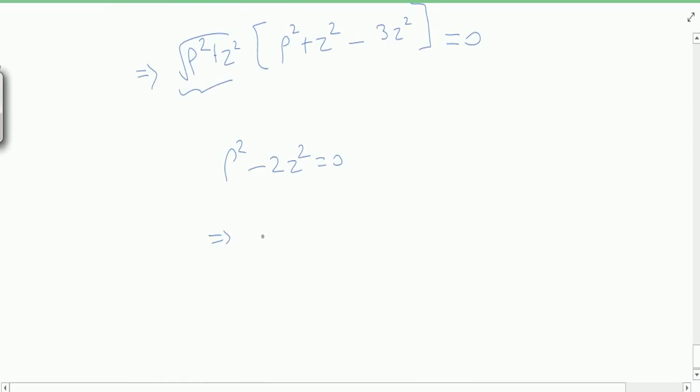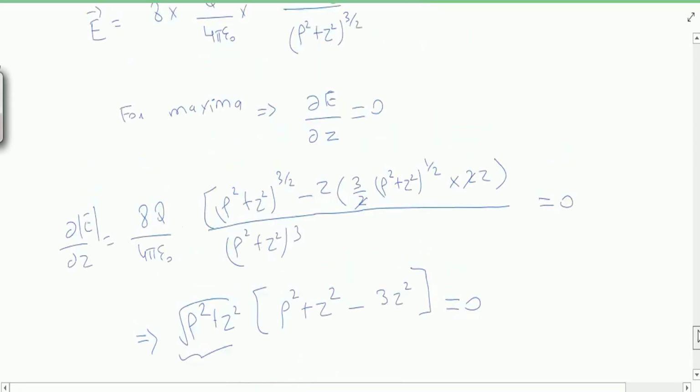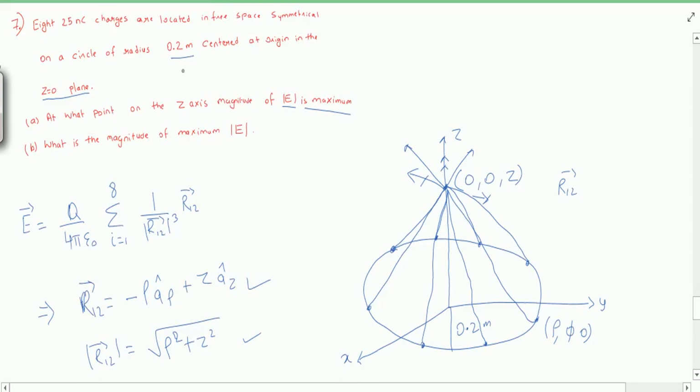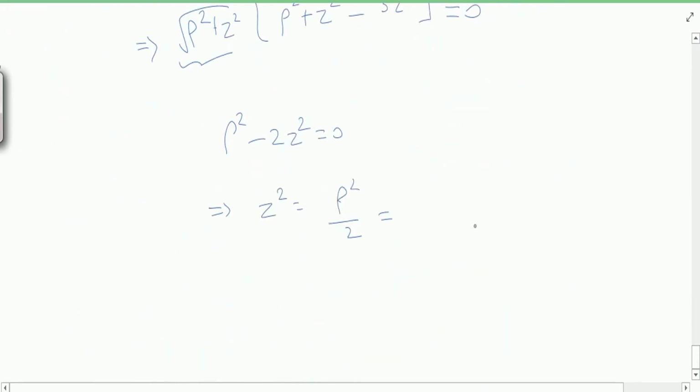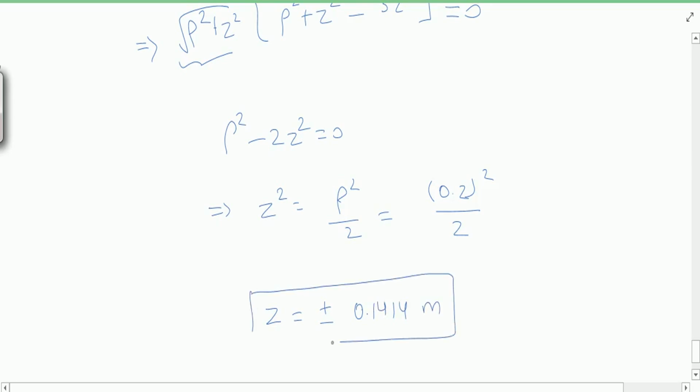So the value of z square is rho square by 2, and the value of rho was given in the question as 0.2. So I can place this value there. So it is 0.2 square divided by 2, and after solving this I will get plus or minus 0.1414 meter, because rho was in meters, so it will also be in meters.